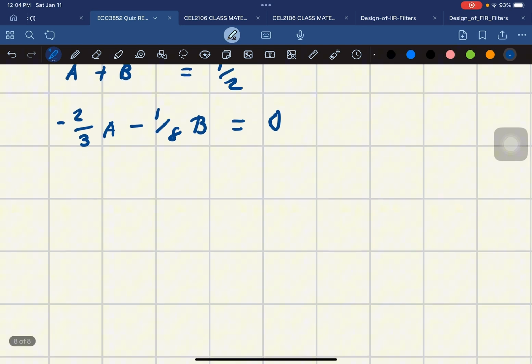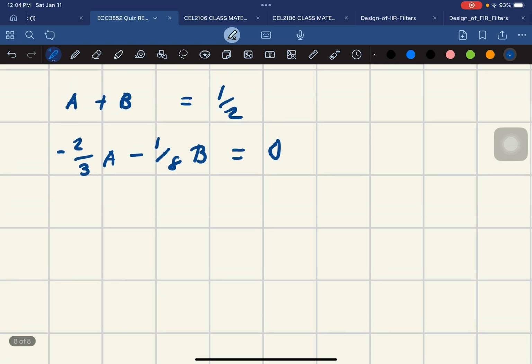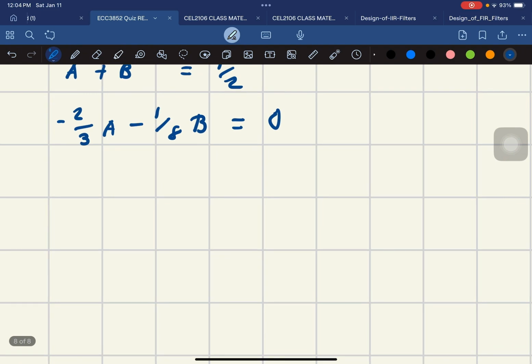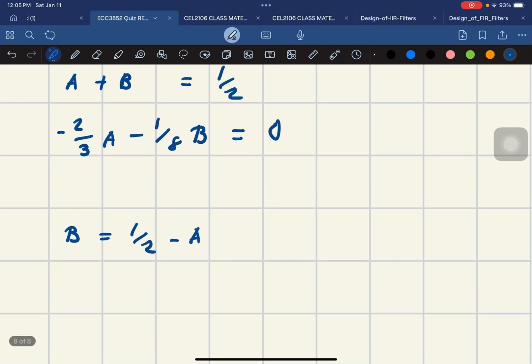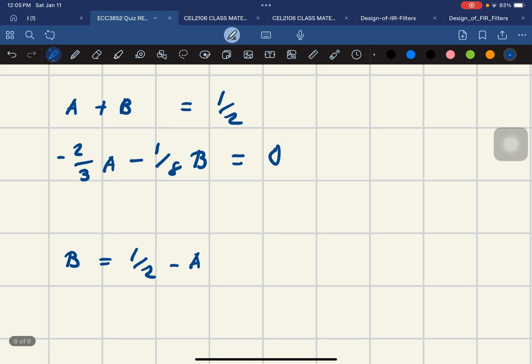So A plus B is 1/2, B is 1/2 minus A, so we will substitute.